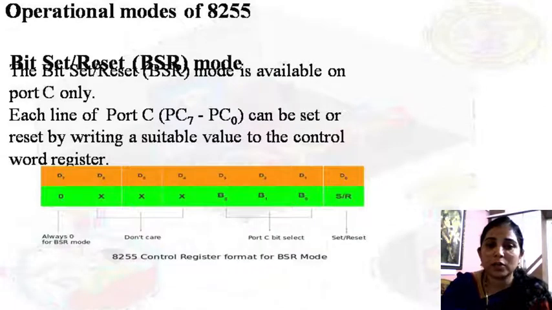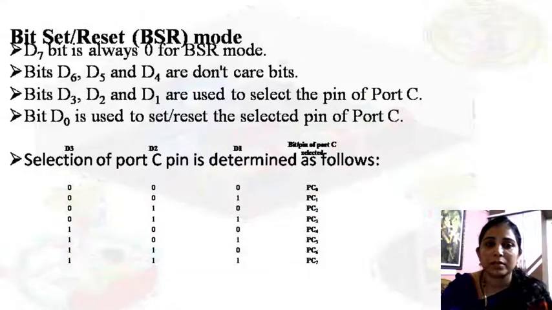We know that the control register is of 8 bits, and we have discussed each and every bit of the control register. Also, the D1, D2, D3 bits decide which pin is selected, and the selected pin can be set or reset by the D0 bit.